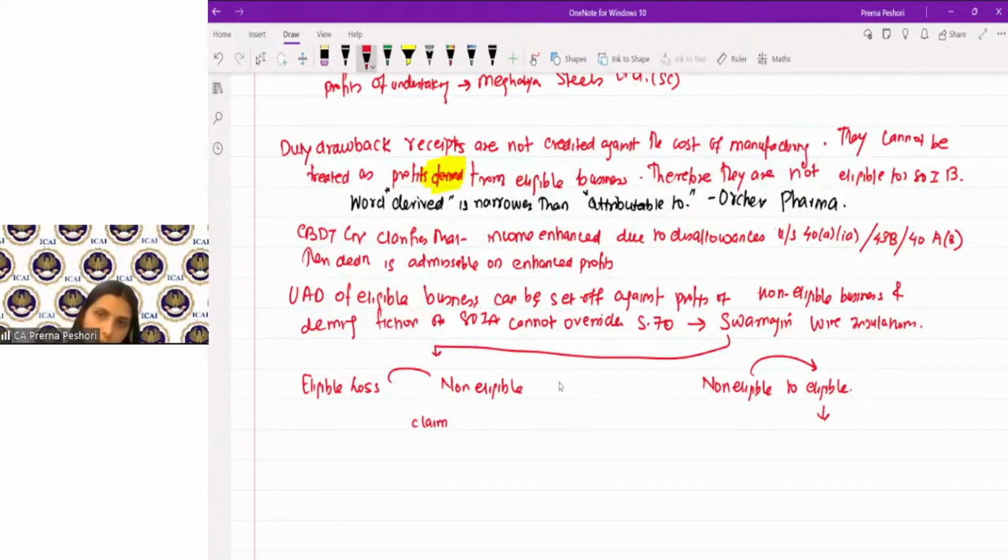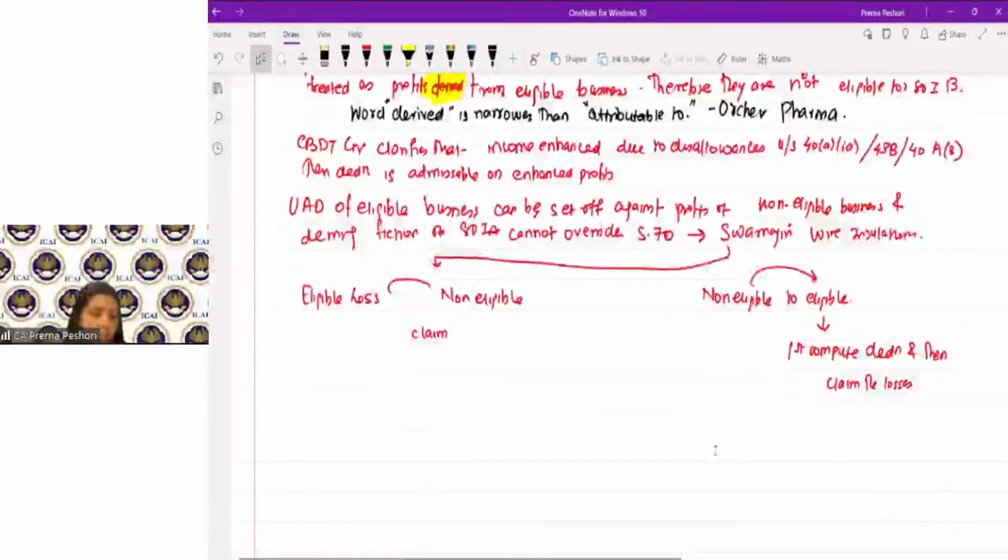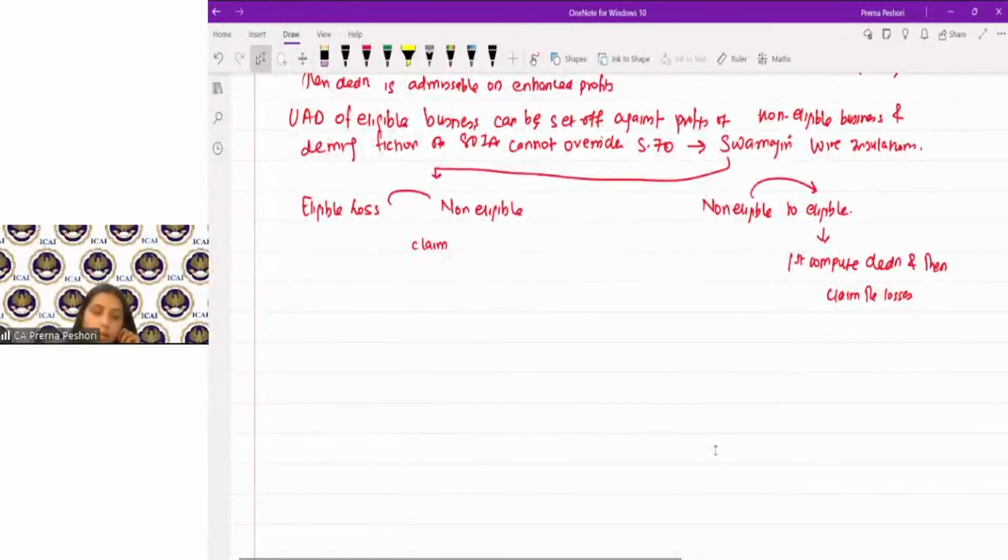So here, first compute the deduction and then claim the losses. So first you will compute the deduction and then claim the losses. Before that, you will not compute the losses. Okay. So in computing the profit of the eligible business, the business shall be considered as the only business of the assessee.